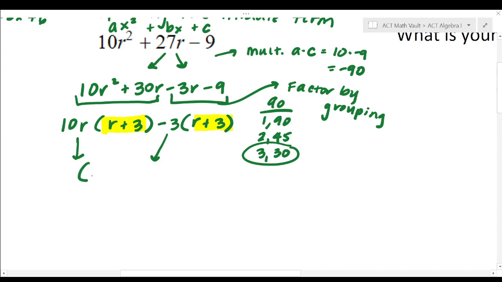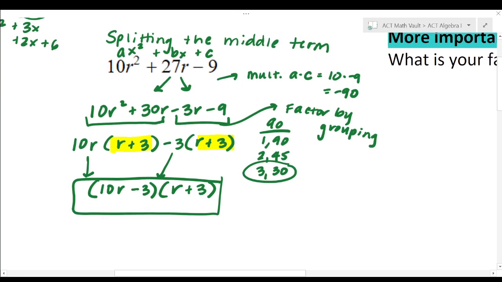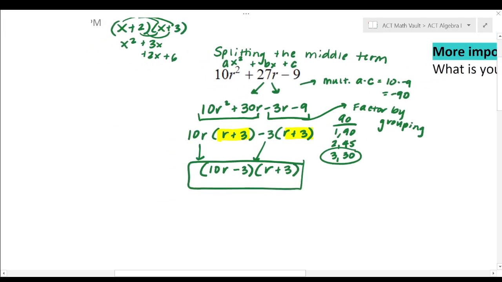The answer then is you take this 10r and this minus 3, put those two together, and then the other binomial that is part of the answer is the one that's repeated. So my final answer then is that, and I can check it by using the FOIL process to figure out, do I actually get back to my original?